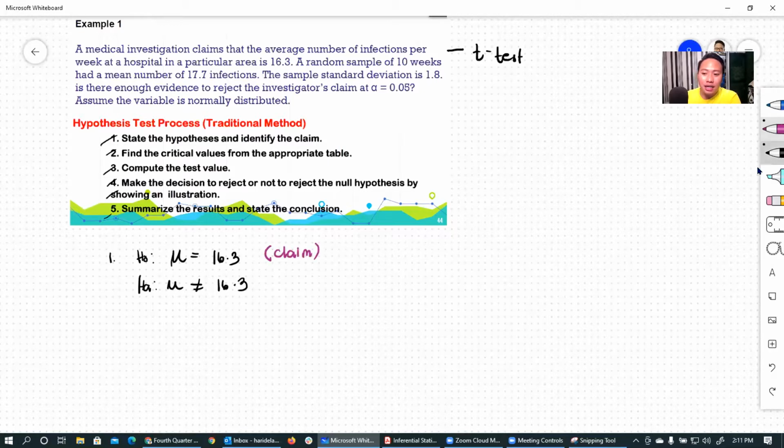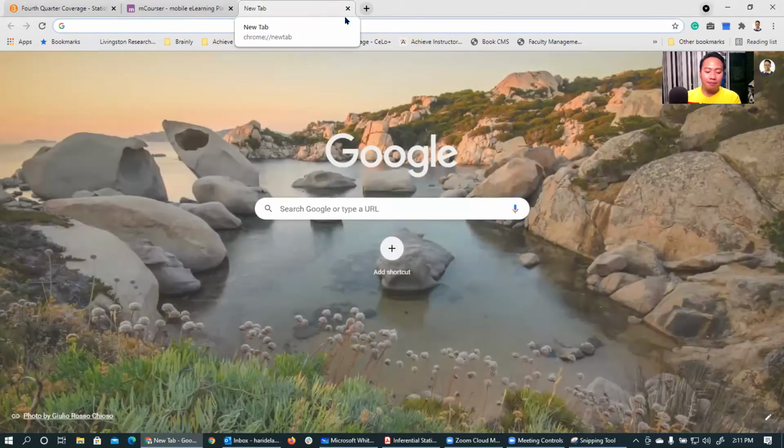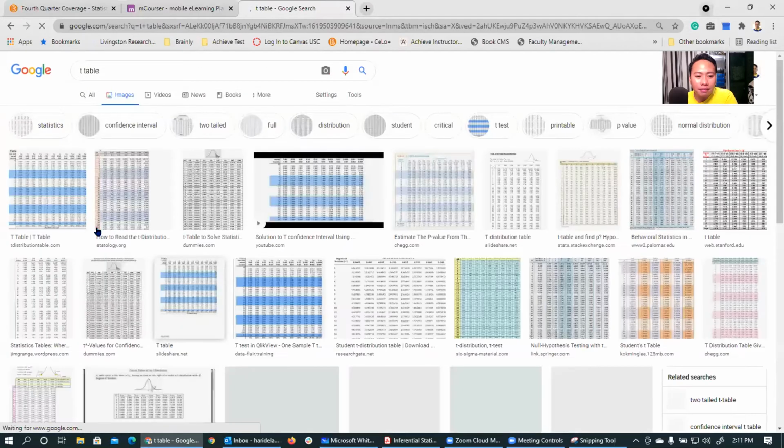Okay. Now, step 2 is going to be identifying the critical values from the appropriate table. Now, since we are using the t-test here, guys, we're going to be using the t-distribution table for this case. So I'm going to open up a new tab, t-table, and images.